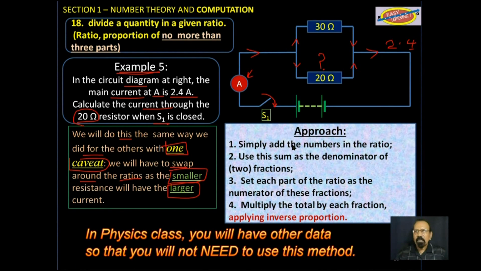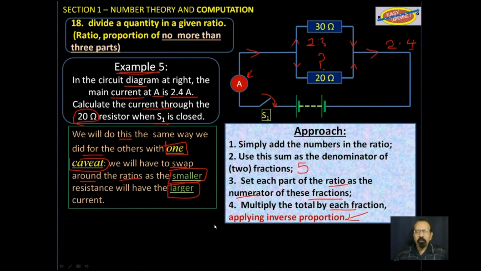We simply add the ratios, 20 to 30, which is 2 to 3, which will give us 5. We set each part of the ratio as the numerator of these two fractions, and then we multiply the total by each fraction, applying the inverse proportion rule.